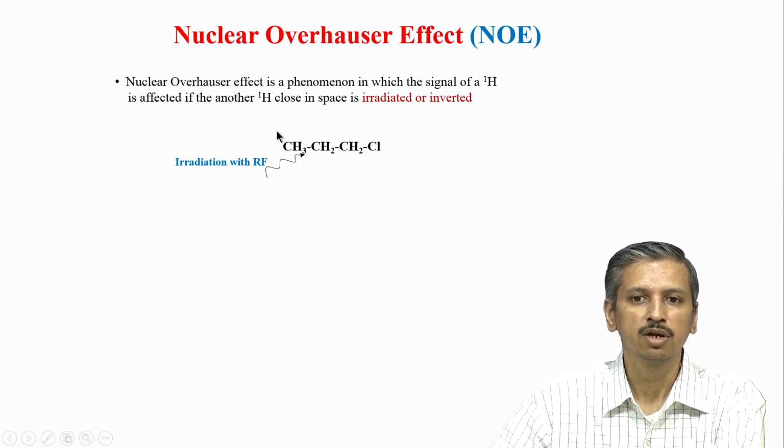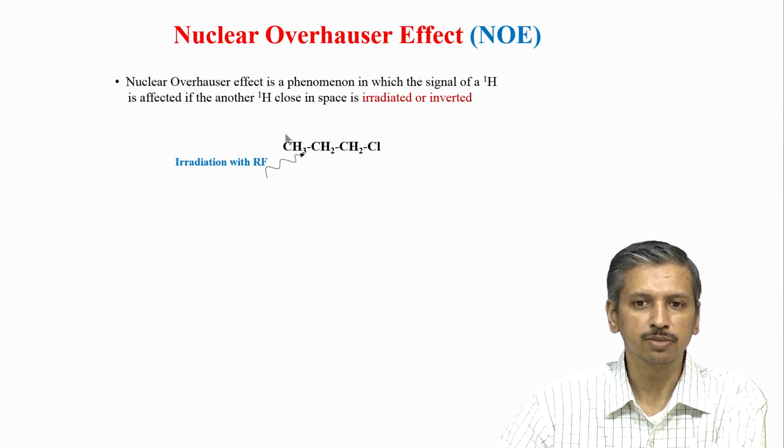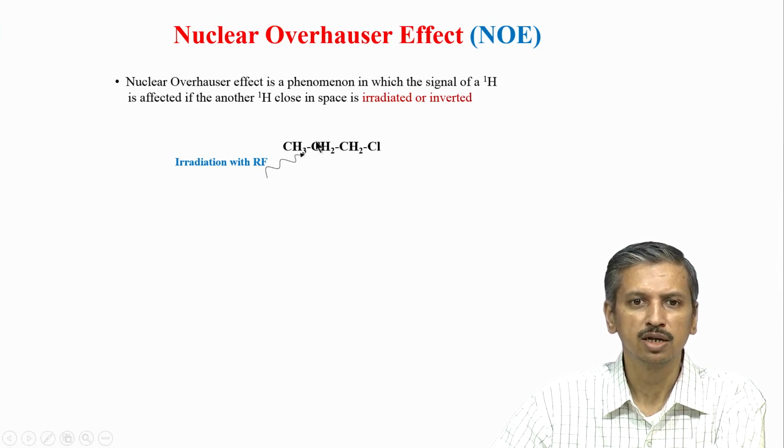Now, if I irradiate, that means I apply a signal only on this proton, let us assume we are able to do that. How we do that, we are not going to go into detail. That irradiation, because it is coupled to this hydrogen, affects the magnetization of this one as well.